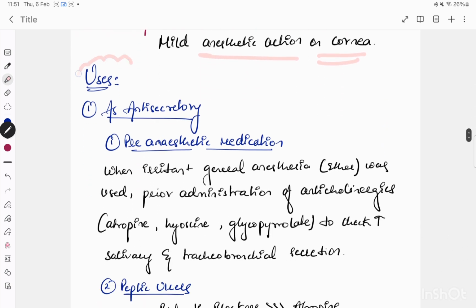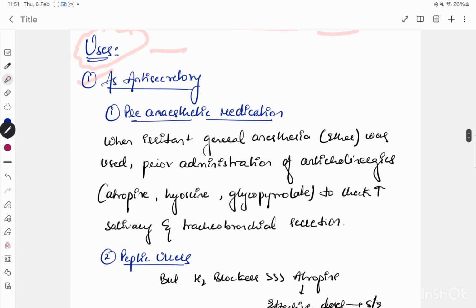Now, moving on to the uses. If you know the pharmacological actions, you can write the uses on your own. Atropine and anticholinergic drugs are used as anti-secretory agents, obviously, in pre-anesthetic medication.